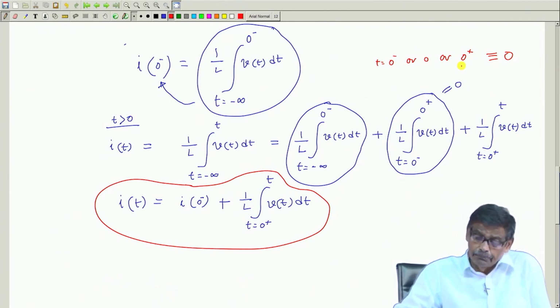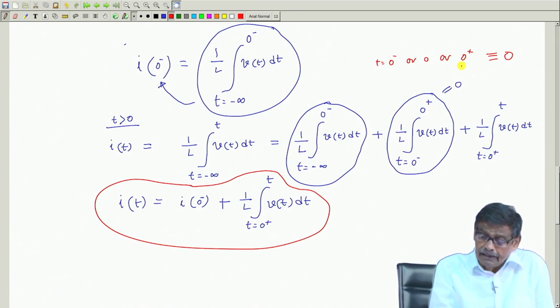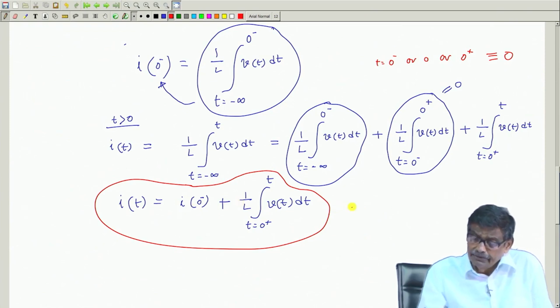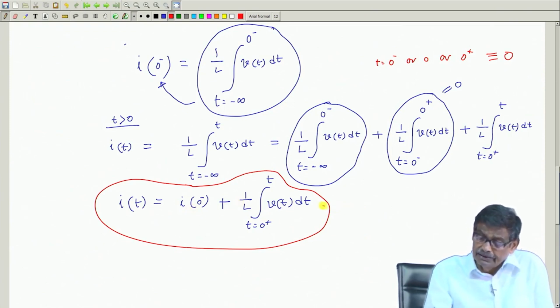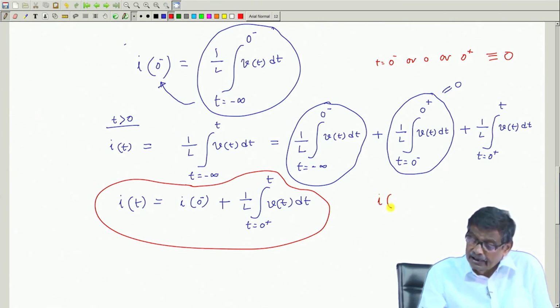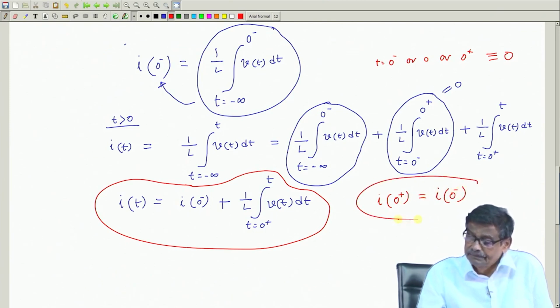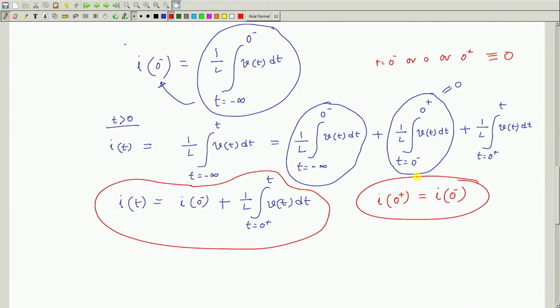So, that is why people say this, and what is I 0 minus? With the condition that I 0 plus will be equal to I 0 minus. Inductor current has to be continuous. I think you have got the point.